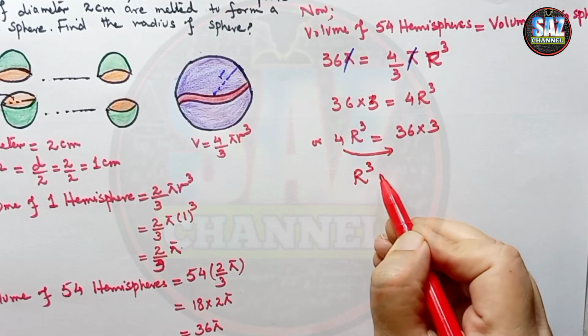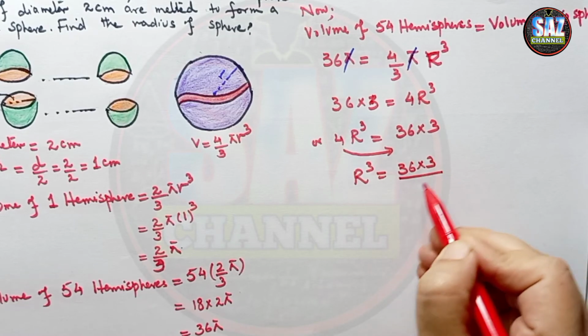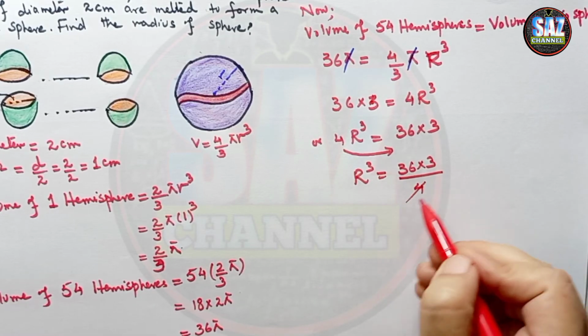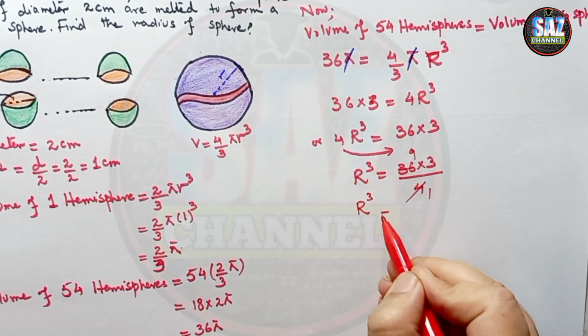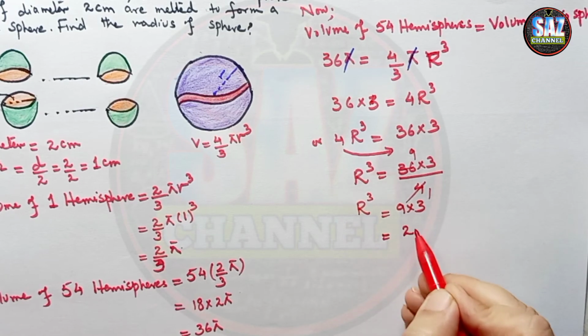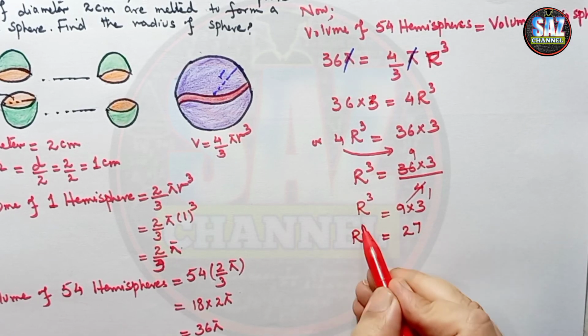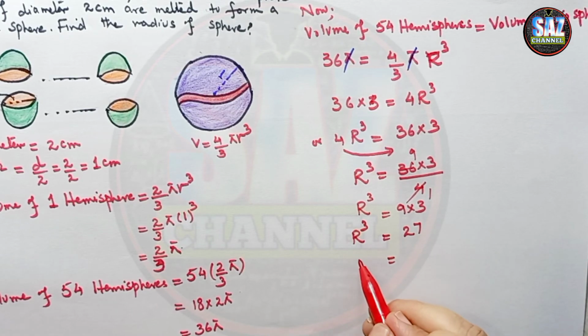R cube will be equal to 36 multiplied by 3 upon 4. 4 ones are 4 and 4 nines are 36, and R cube equals 9 times 3 is 27. R cube equals 27. Now think about the number whose cube is 27 because we need to find the radius.